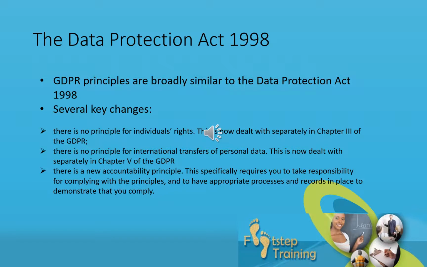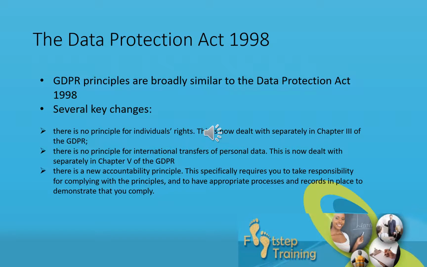GDPR principles are broadly similar to the Data Protection Act 1998. However, there are several key changes. There is no principle for individual rights. This is now dealt with separately in Chapter 3 of the GDPR. There is no principle for international transfers of personal data.